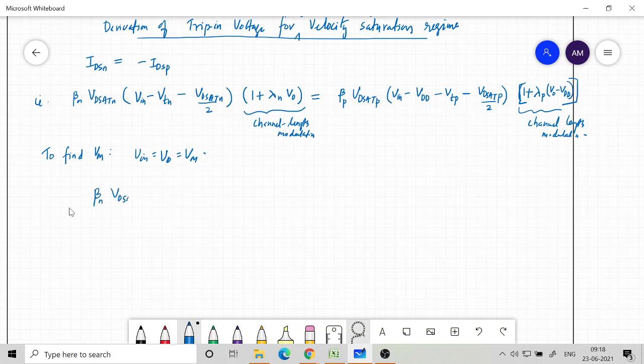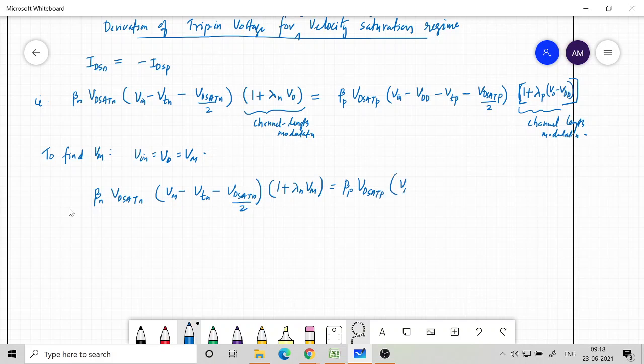So Vd sat, Vm you can put here, VT. Vd sat n by 2 into 1 plus lambda n Vm is equal to beta p Vd sat p.